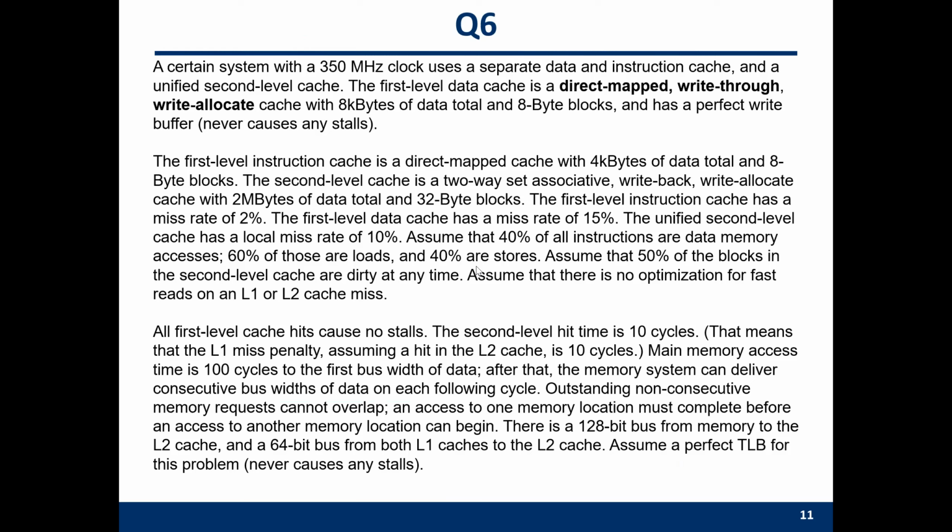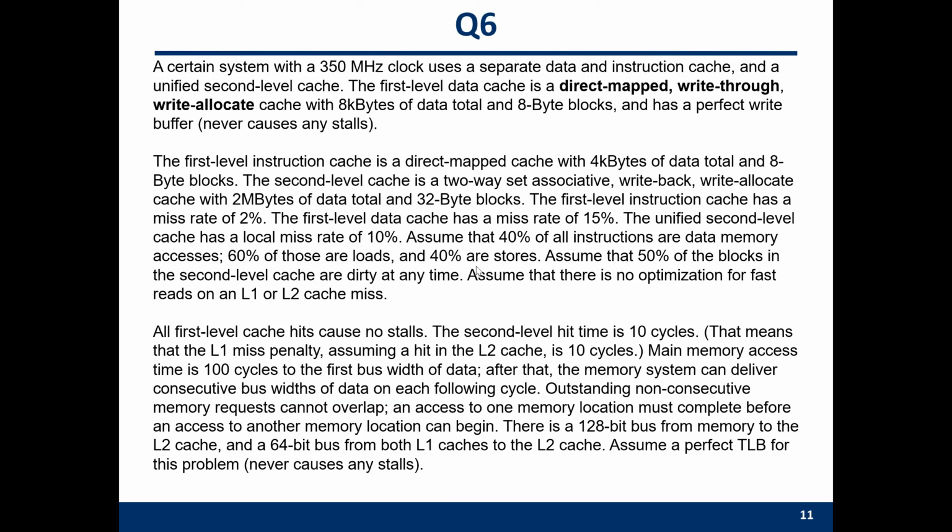Each block in the L2 is 32 bytes. You need to read or write this much data in the memory path, so you need to transfer this much data on this bus. You need to divide this request into 2 parts, because the bus width is smaller than the block size.